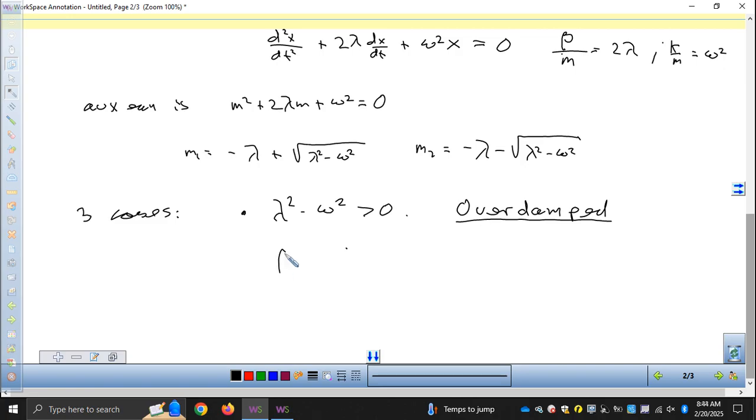That means that beta is large relative to k in order to get lambda squared minus omega squared greater than 0. So our damping force is large compared to the spring constant. What does large mean? Large enough to make this greater than 0.